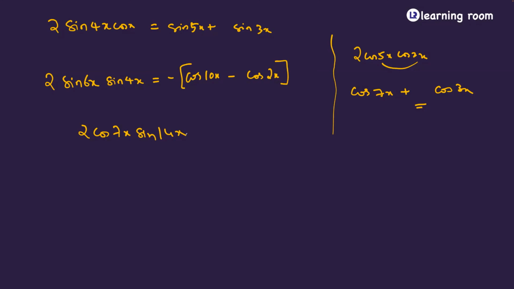So since you have a combination of sine and cos, it should be sine plus sine, plus. You can play with this, whatever number you want. Simple. You understood how questions are framed.